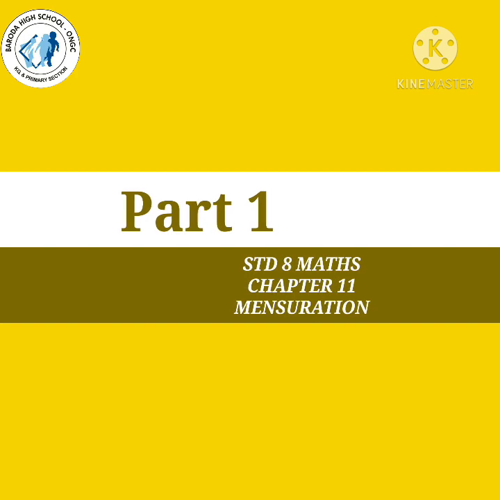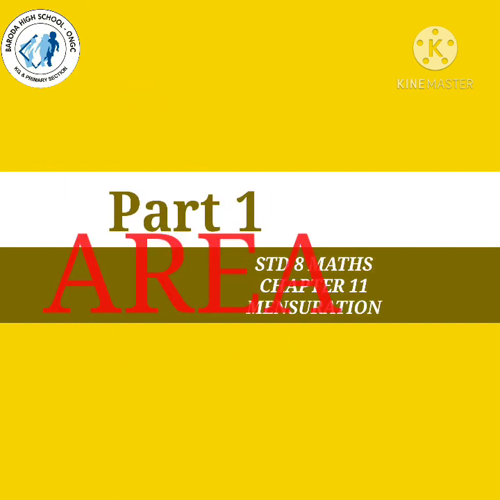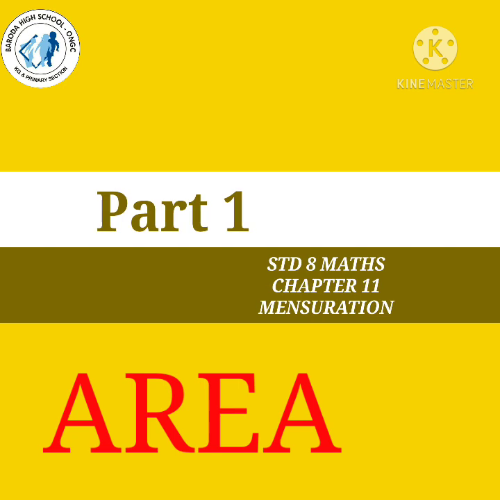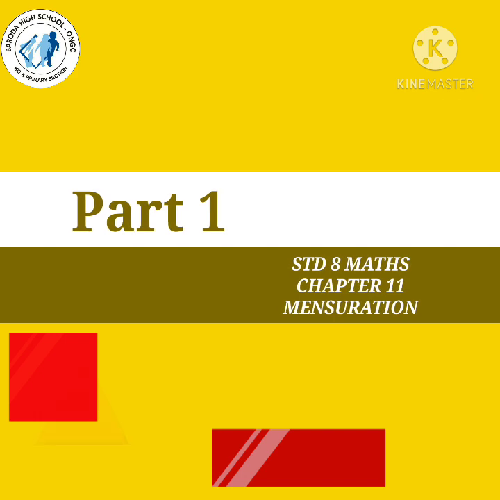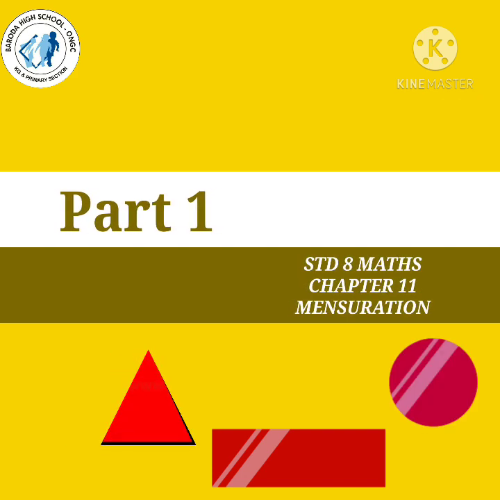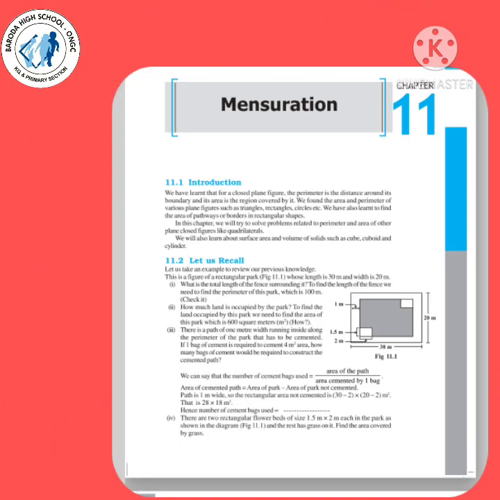We have already studied how to calculate area and perimeter of square, triangle, rectangle, circle, all such plane figures. Now in standard 8, let us see more about how to compare two plane figures where the area or perimeter of one of the figures is given, or how to calculate the pathway in between two plane shapes.